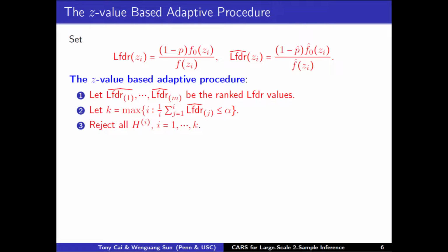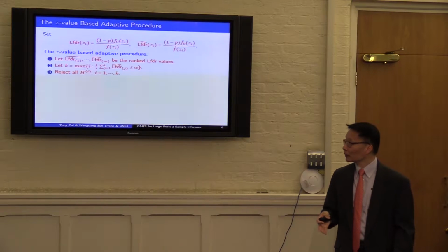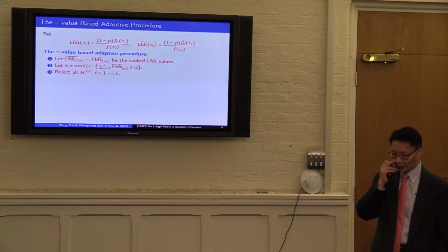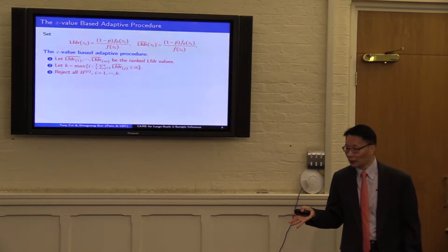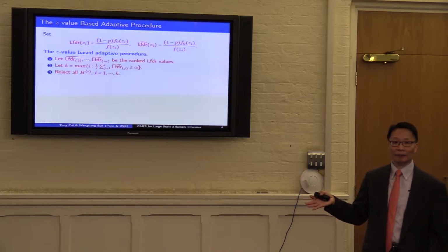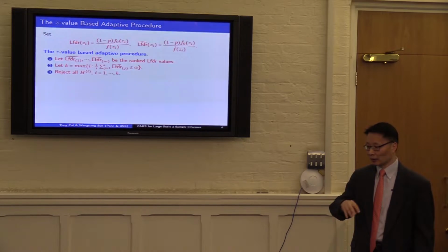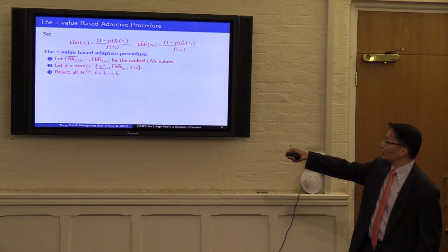In the data-driven method, we need to estimate those quantities, and we can calculate it from those. Again, local FDR has a similar role to the p-value, but it's more precise. It takes into account the alternative. It tells us, given the data, what's the conditional probability of the data being from the null or from the alternative.